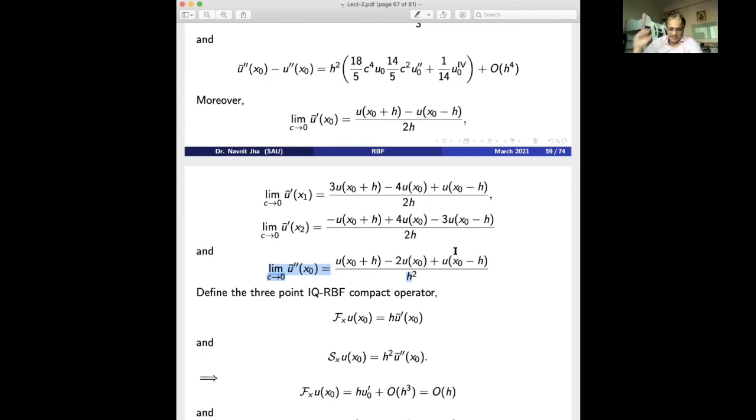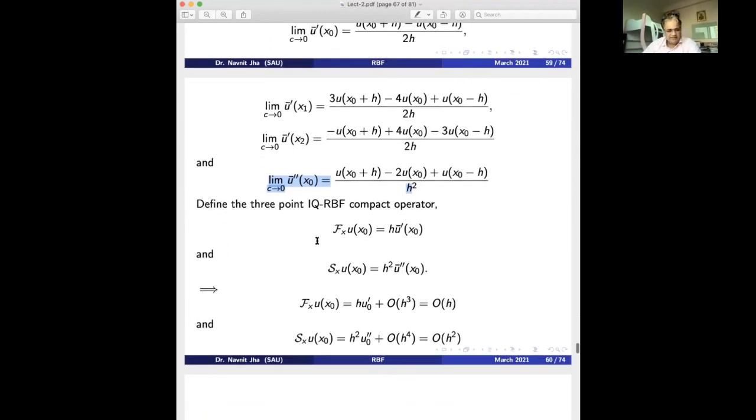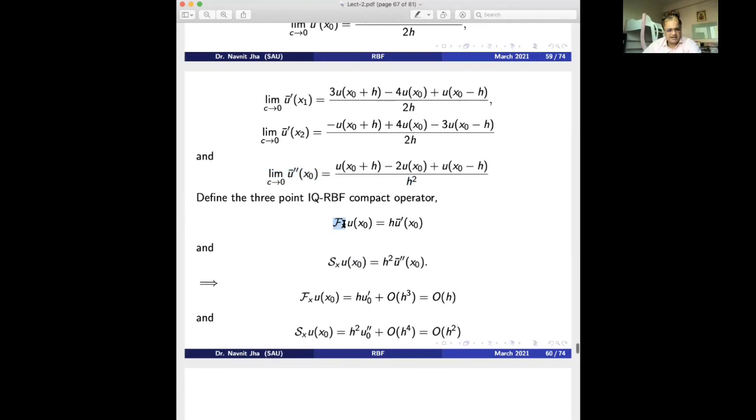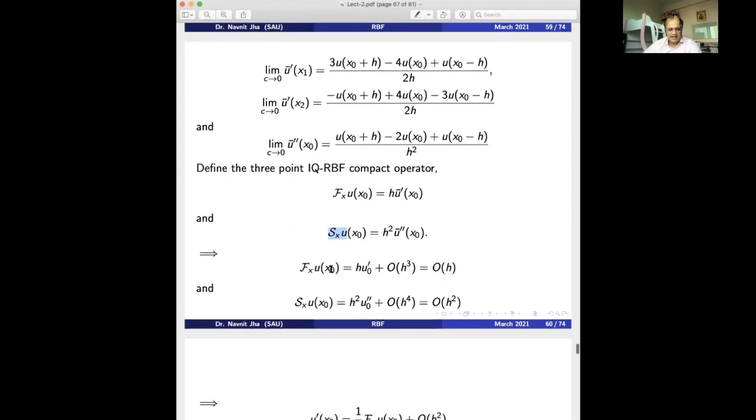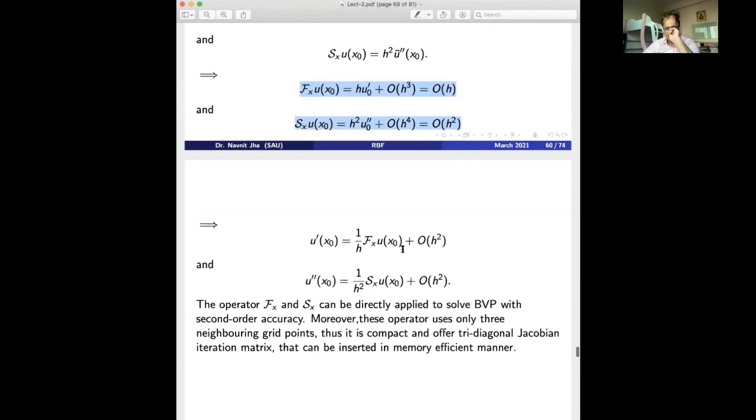All right. Now I am going to define two operators here, fx and sx, one for the first derivative, another for the second derivative, and we'll write it like this. Next, we'll write u prime at x naught in terms of our operator, curly uppercase F, and u double derivative in terms of the operator S. So here this equation I have only written up to order h square.